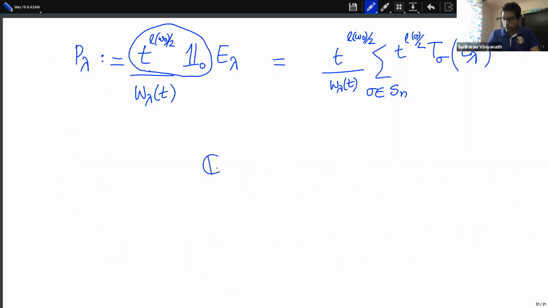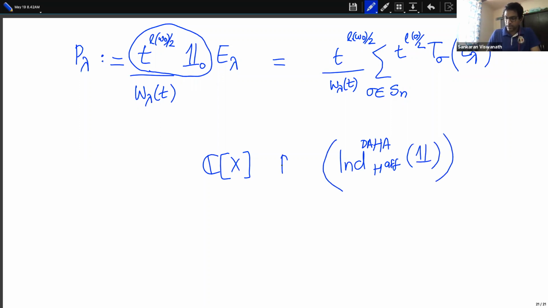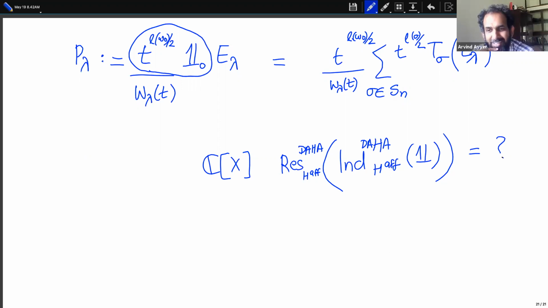So you induce the trivial representation from here to here, and the natural question is, what happens if I restrict that back down to the affine Hecke algebra? How do the Ti's and Yi's act? So there's no Frobenius reciprocity here, I suppose. Frobenius reciprocity wouldn't apply, I guess.